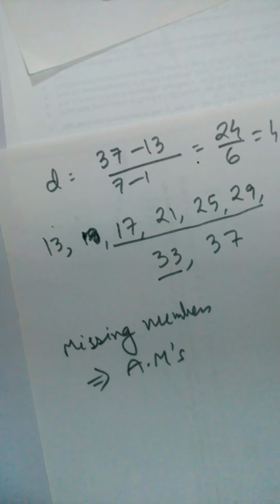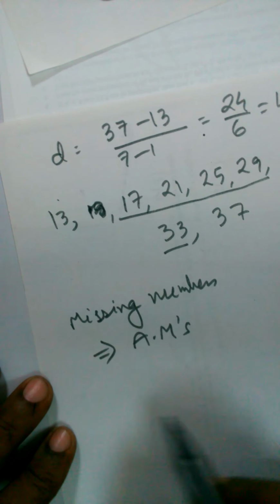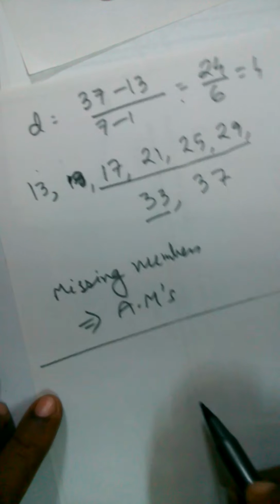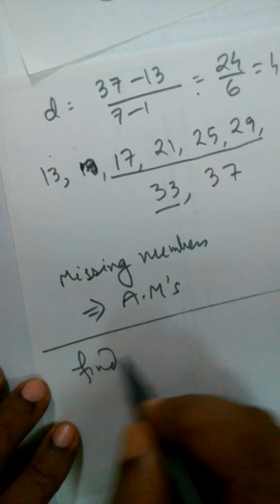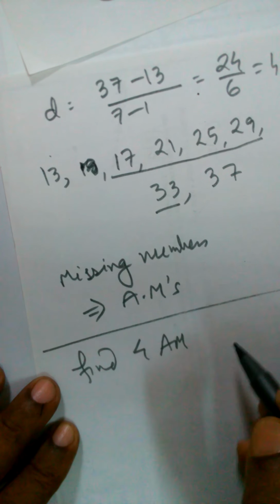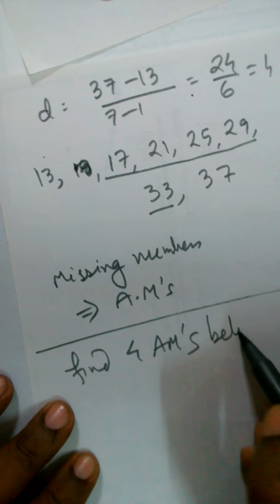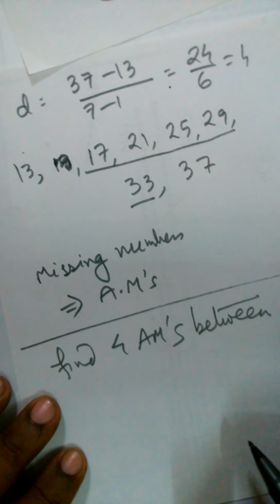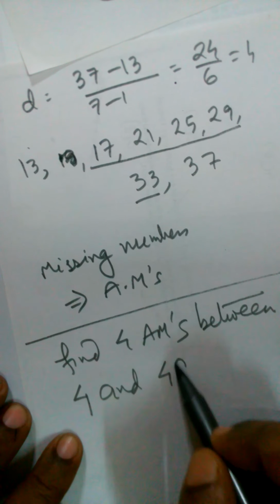So to get these arithmetic means, what you need to do is find D. Like a question can be asked here: find 4 arithmetic means between 4 and 49.